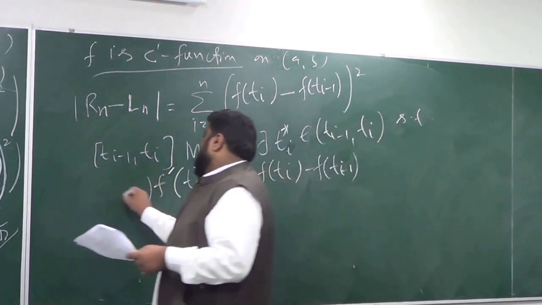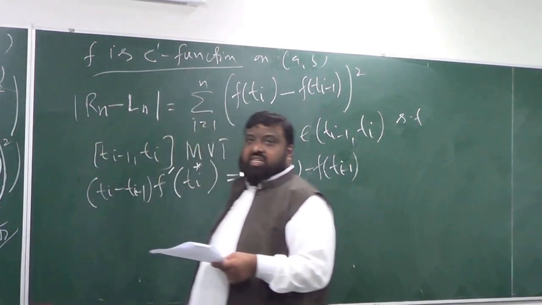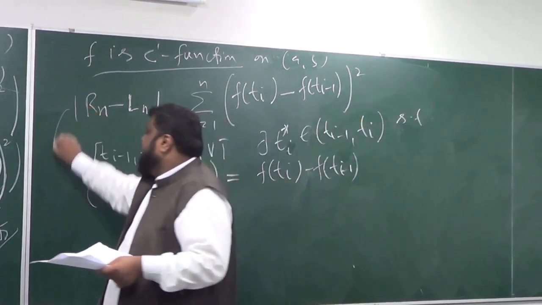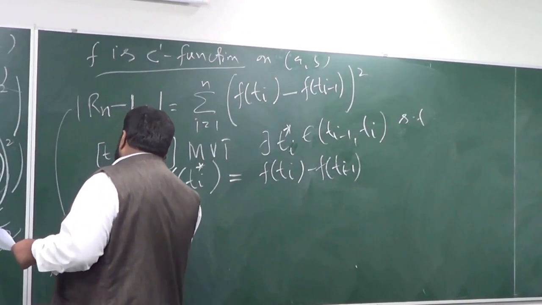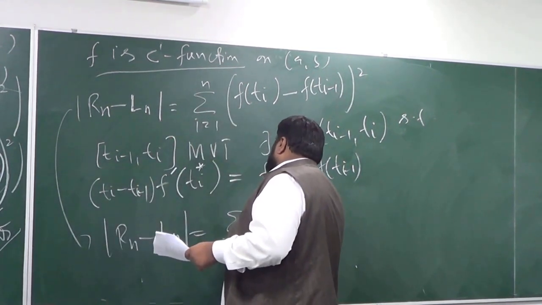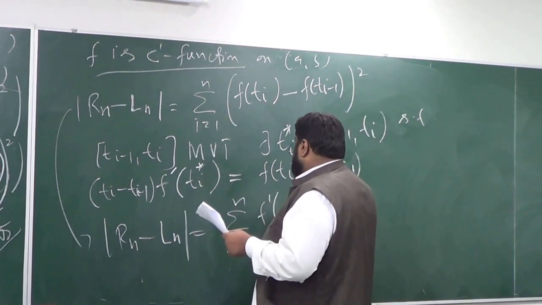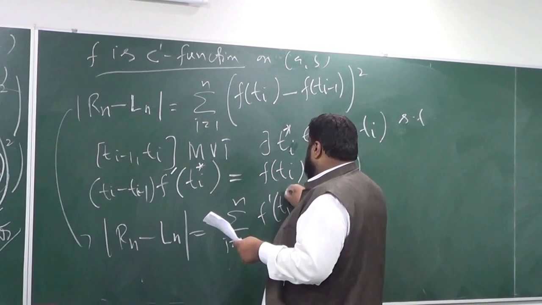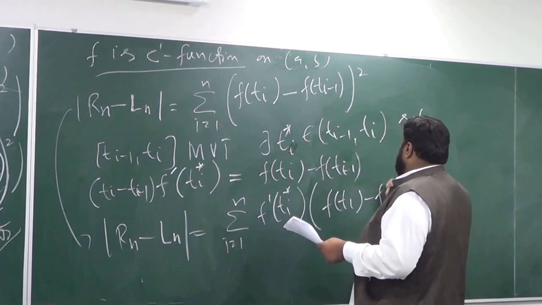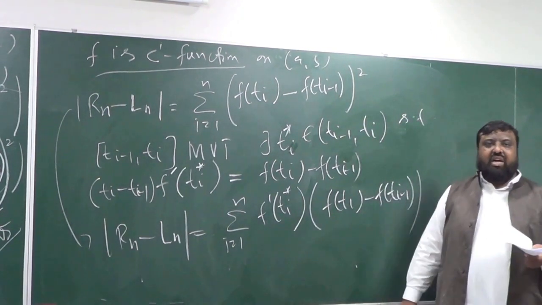I can multiply this out. Once I have this, I can rewrite Rn minus Ln as the sum over i equal to 1 to n of f prime of ti star times (f(ti) − f(ti−1)), times the appropriate difference of ti and ti−1.